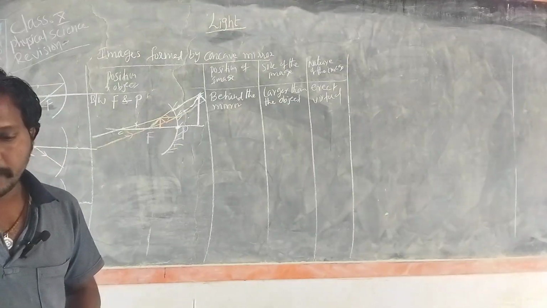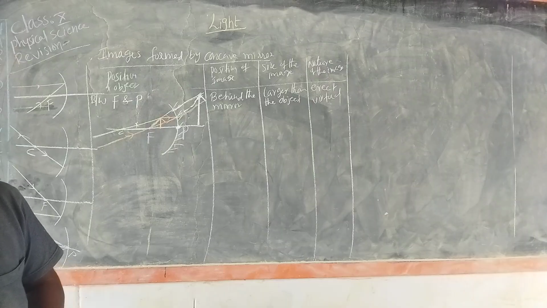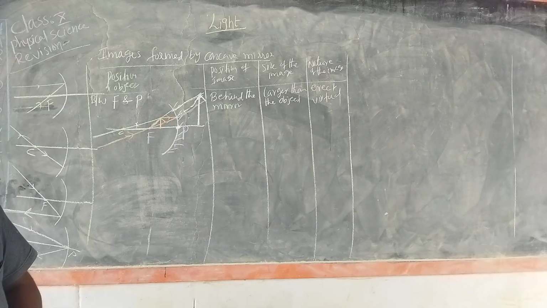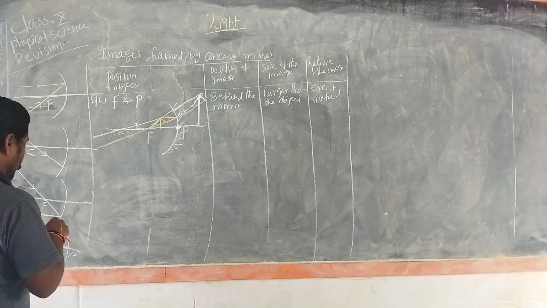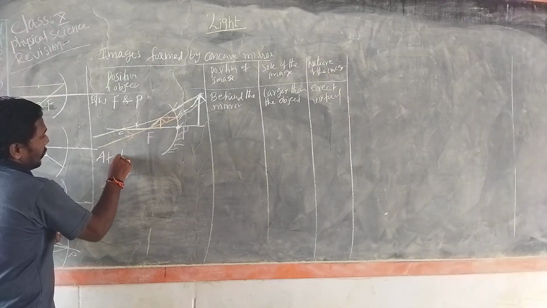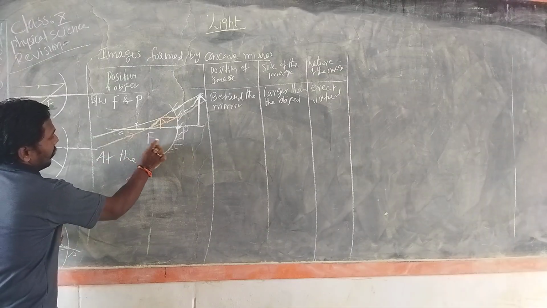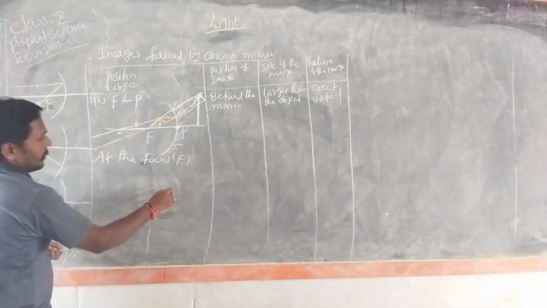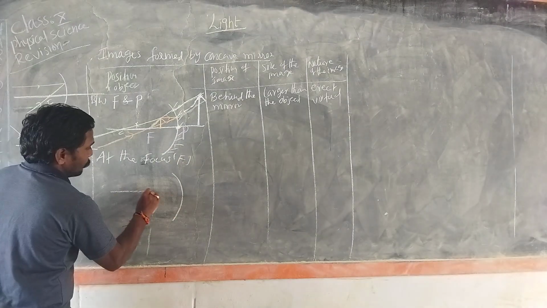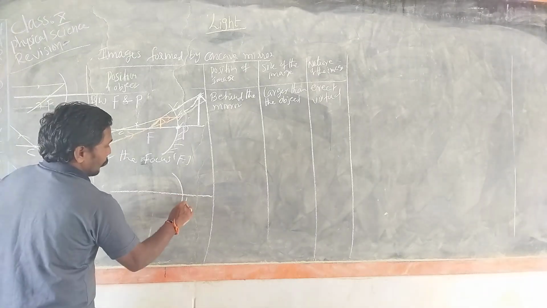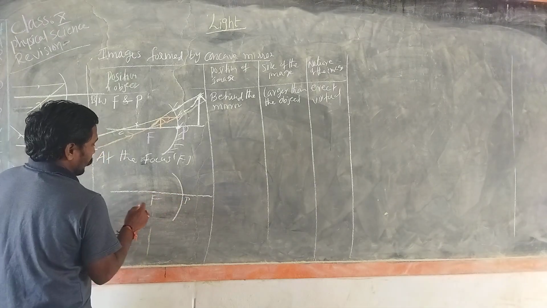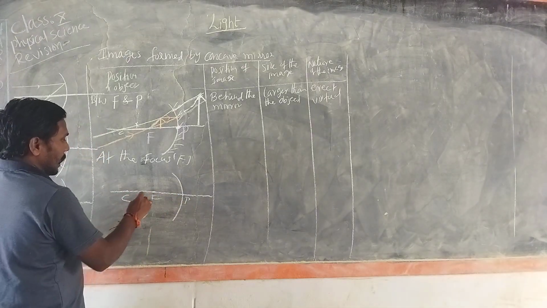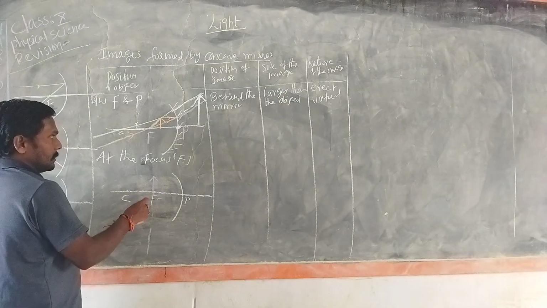When the object is placed at the focus, at F, you should have a single diagram. So pole, focus, center of curvature, object is placed here.